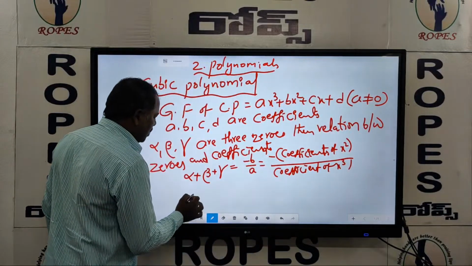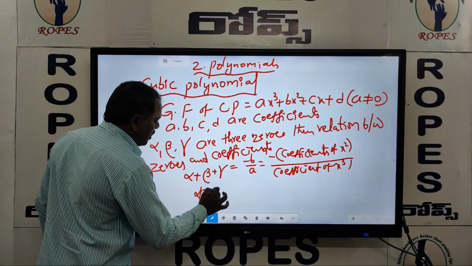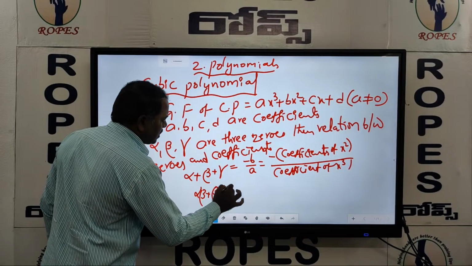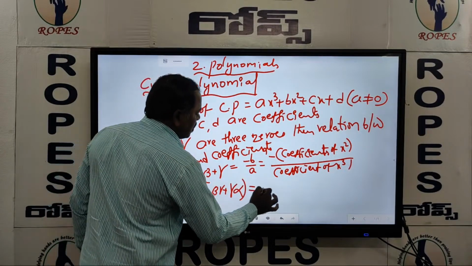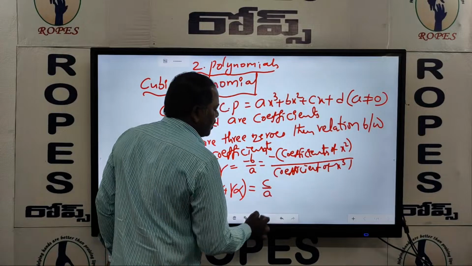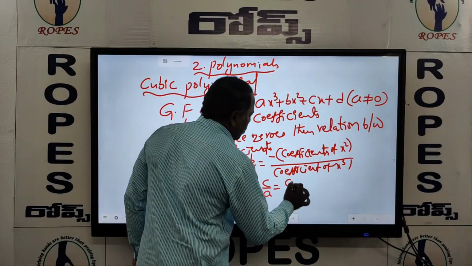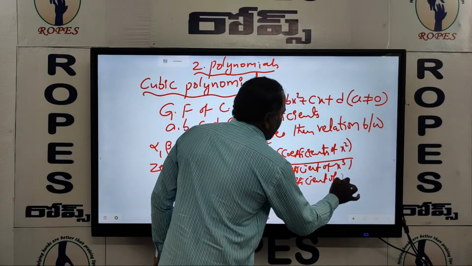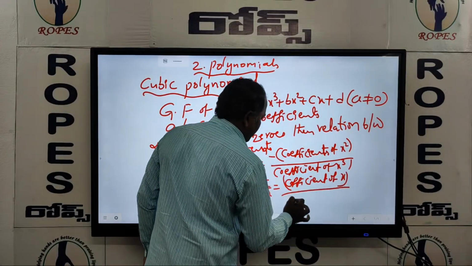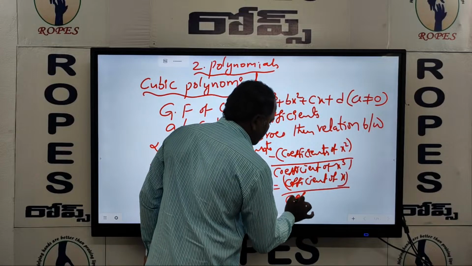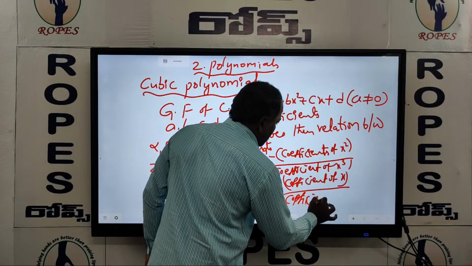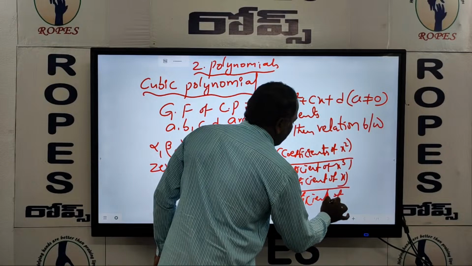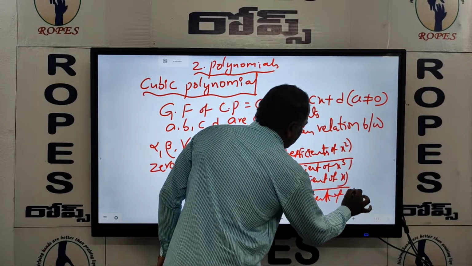Next, alpha beta plus beta gamma plus gamma alpha is equal to c by a. Here we can write coefficient of x by coefficient of x cube.